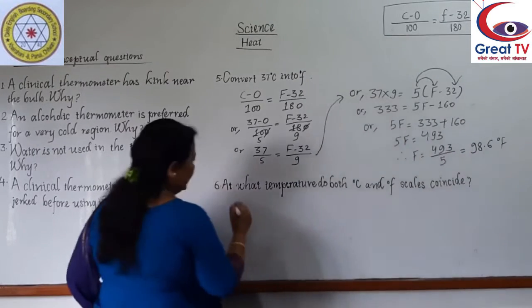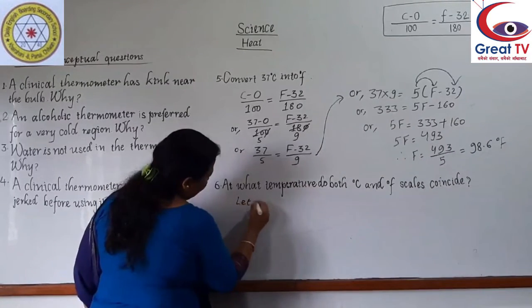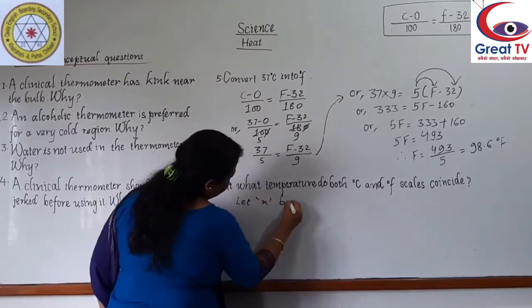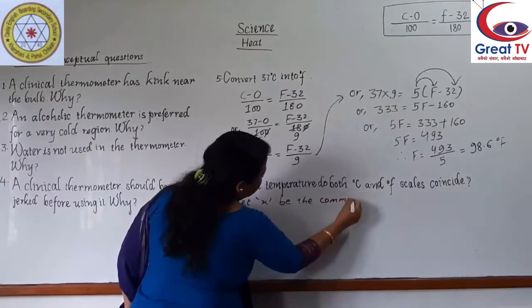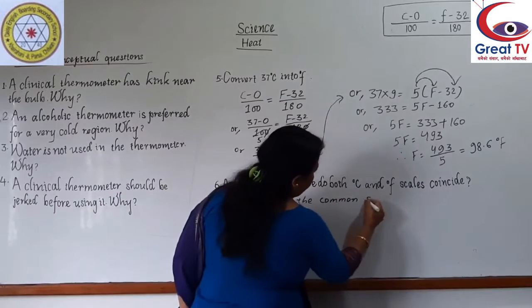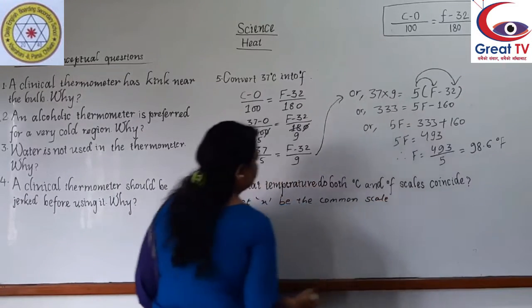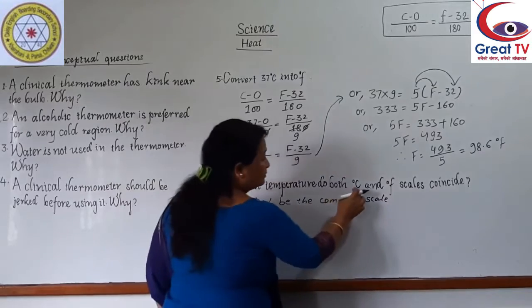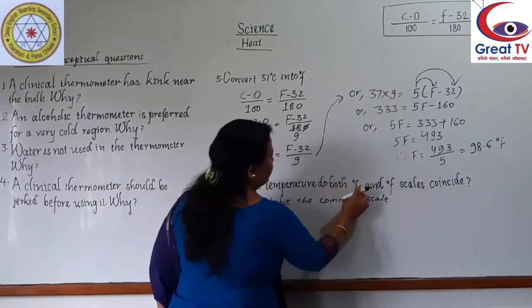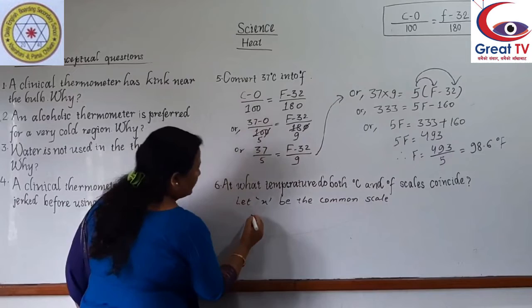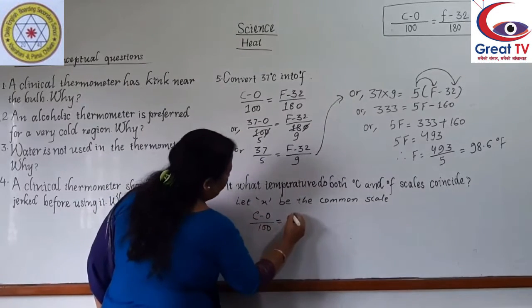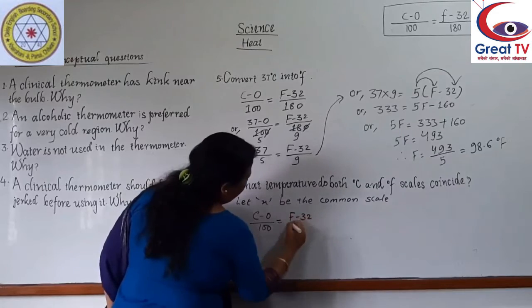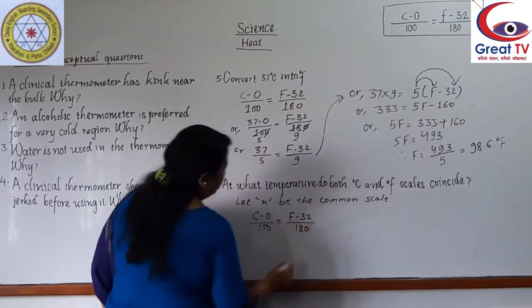Let x be the common scale reading. Take again the formula for Celsius and Fahrenheit. (C minus 0)/100 is equal to (F minus 32)/180.